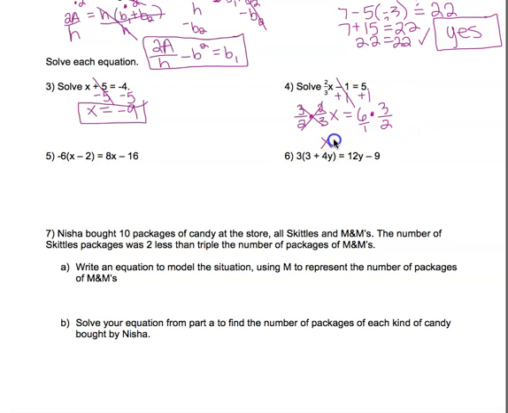Normally I could use a calculator, but I don't have one out right now, so I'm just going to do this by hand. On the top I have 6 times 3, which is 18. On the bottom I have 1 times 2, which is 2, and 18 divided by 2 is 9. And my variable is now alone, which means that I'm good to go.